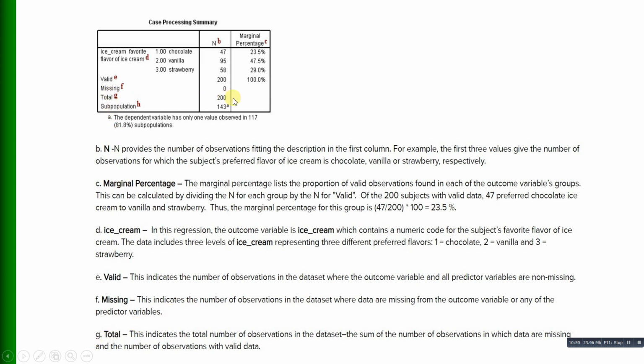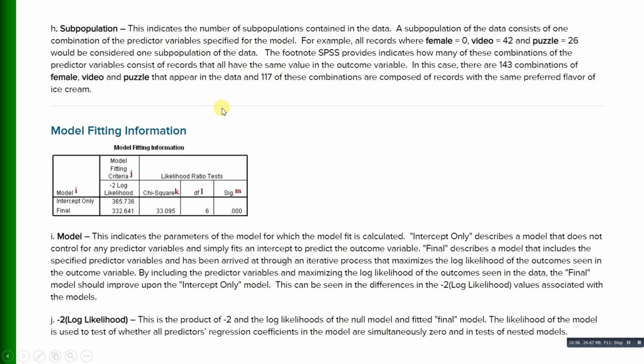Now I'm going to explain this subpopulation. Subpopulation here indicates the number of subpopulations contained in the data. A subpopulation of the data consists of one combination of the predictor variables specified for the model. For example, all records where female is equal to 0, video score is equal to 42, and puzzle score is equal to 26 would be considered one subpopulation of the data.